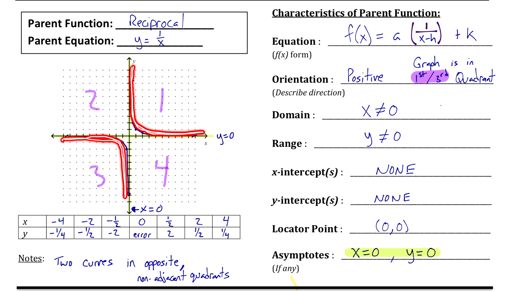And so they kind of look like this. They're similar to parabolas, except they look like they've been forced to stay in each quadrant. So it's almost like they're stuck in this corner, and then they're stuck in this other corner.